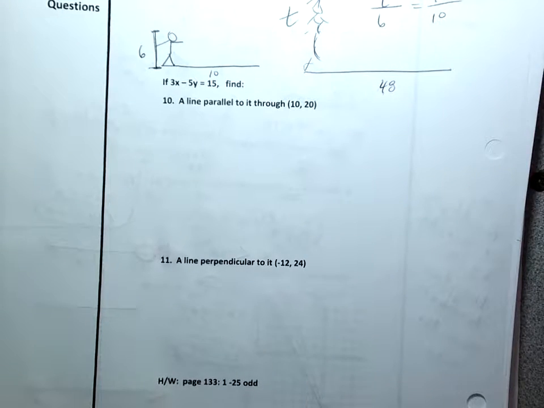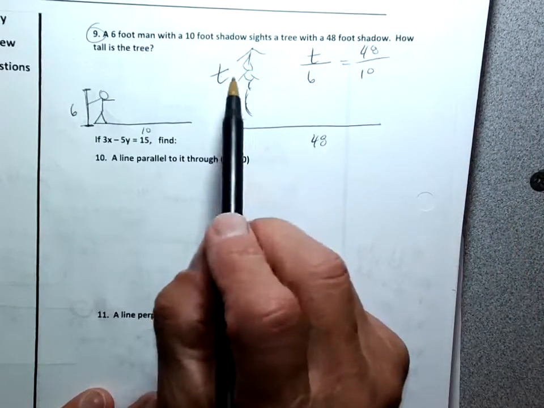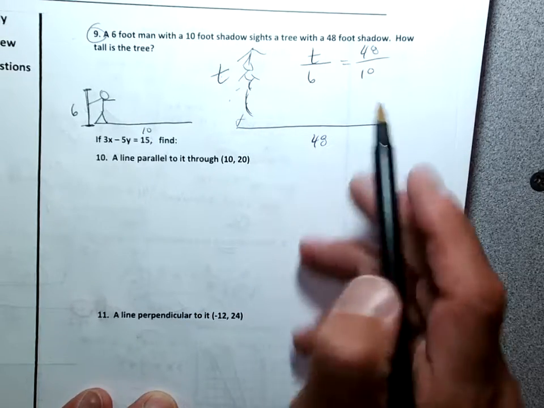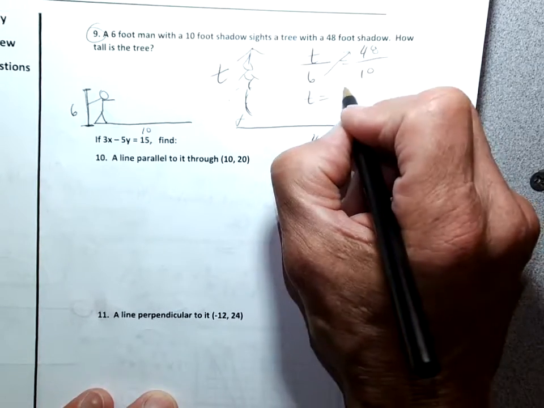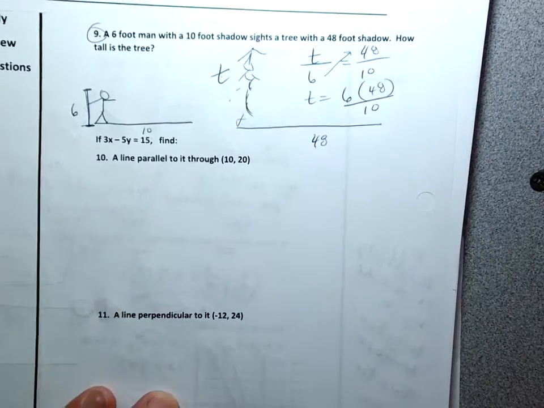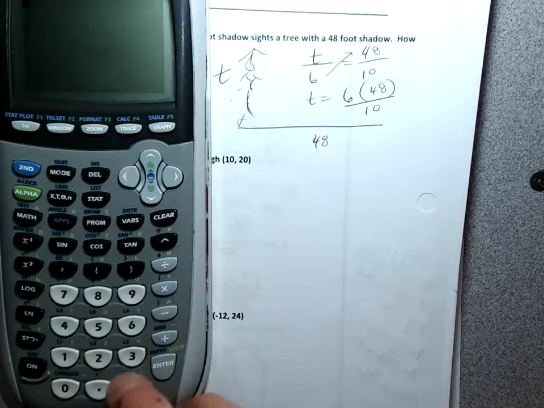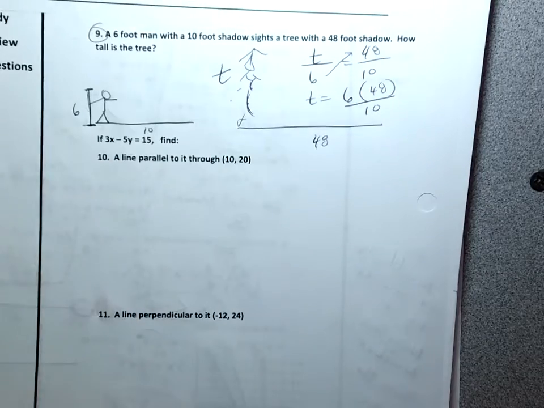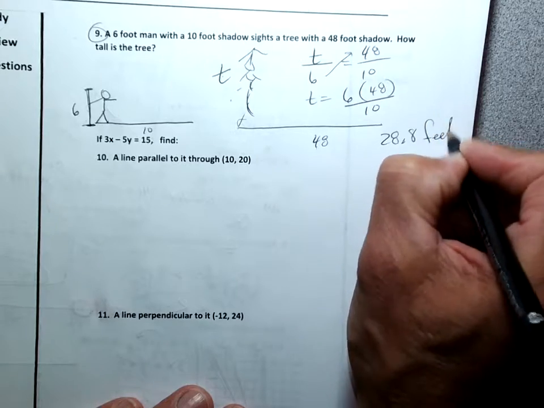Now if I multiply by 6, T would equal 6 times 48 divided by 10. I'm going to use a calculator because I don't know what 6 times 48 is. 6 times 48 divided by 10, I get an answer of about 28.8 feet.